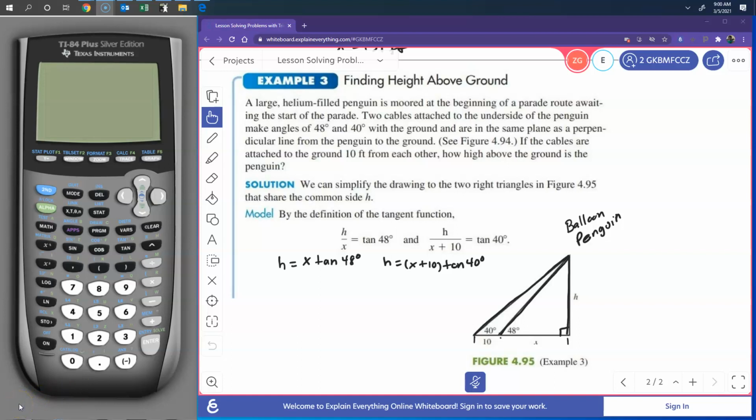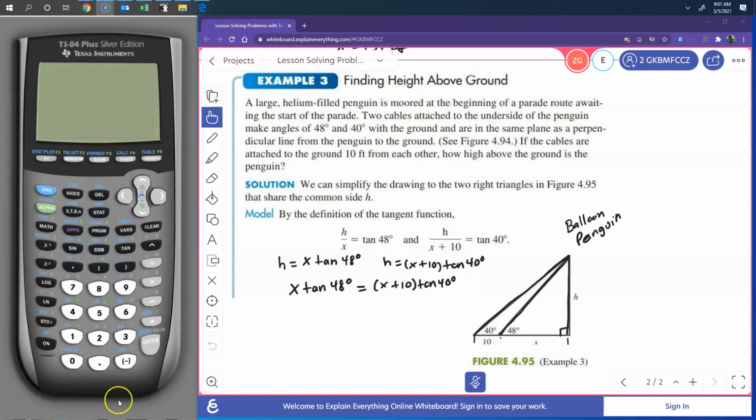So hopefully you did pause the video. You notice that they both are equal to h. So what you're going to write is x times the tangent of 48 degrees is equal to x plus 10 times the tangent of 40.